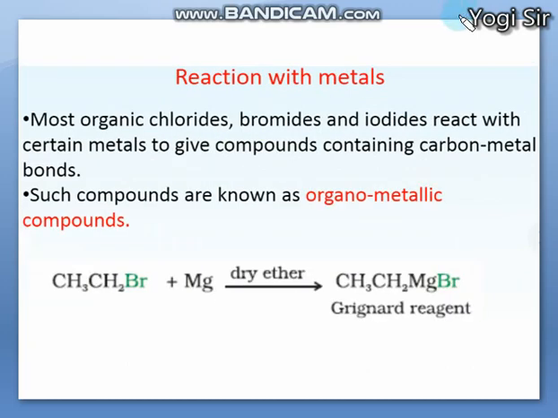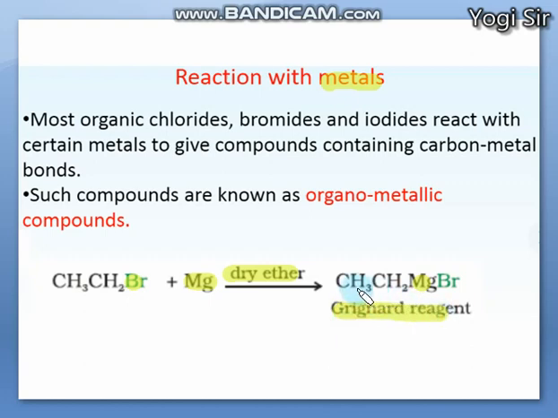And the third type of reaction is reaction with metals. As I mentioned previously, a metal like magnesium can easily react with haloalkane. Here bromoethane is taken. Magnesium dissolved in dry ether, a non-aqueous solvent, will get attached between the carbon and bromine atom. You can see magnesium is bonded between the bromine and carbon atom, and it produces a Grignard reagent, right?